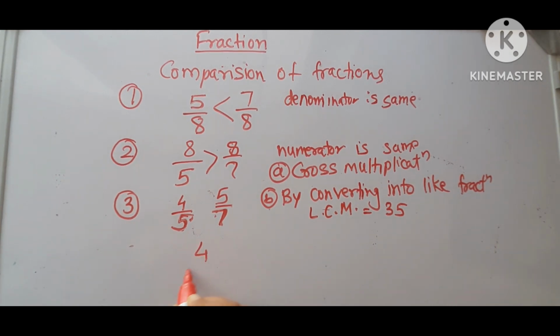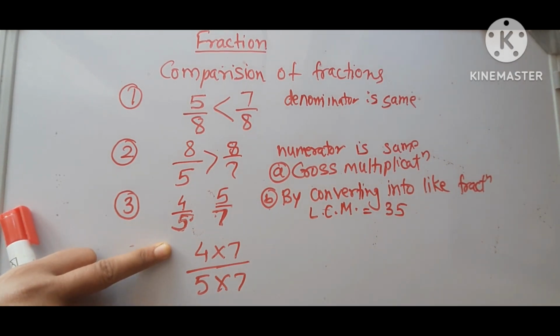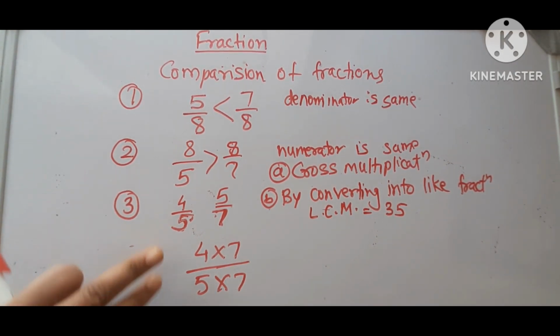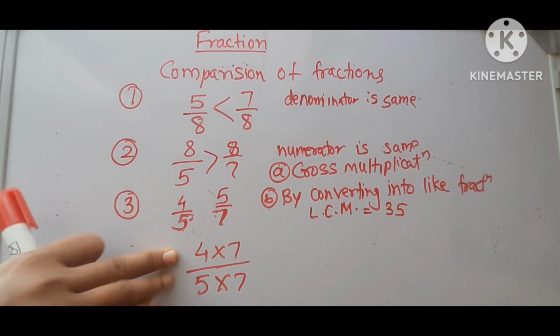If we are multiplying the denominator, we have to multiply the numerator as well by the same number. This type of mistake is generally made in exams. We multiply the denominator and forget to multiply the numerator. We have to multiply at both places.